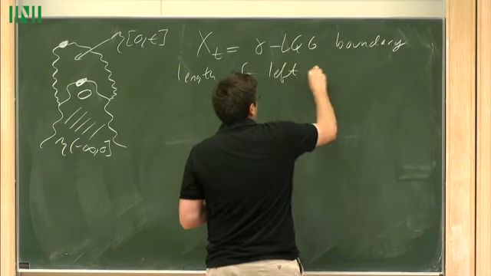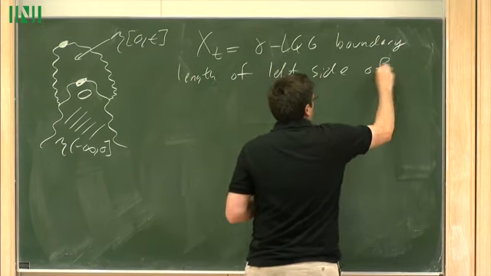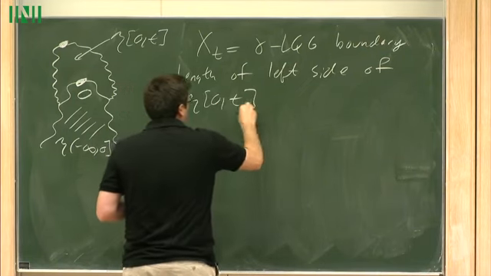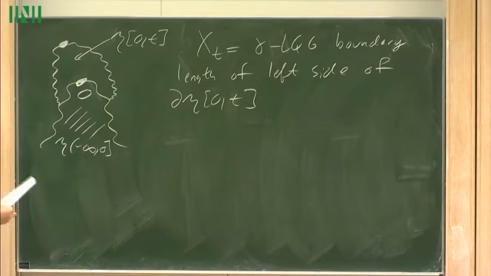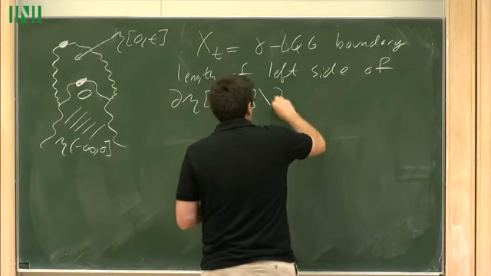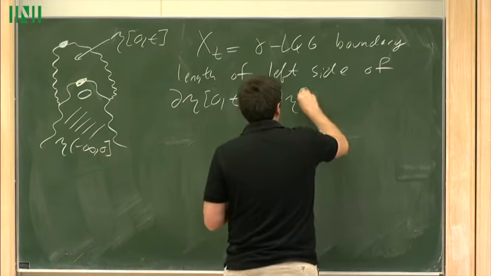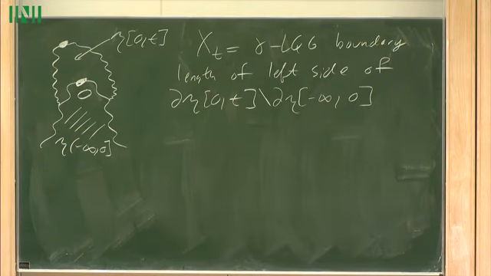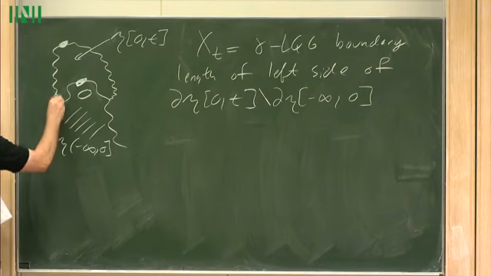So it's going to be of the left side of the boundary of your curve from time 0 up to time t, minus the curve from time minus infinity up to time 0. Okay, so this first thing that I've just defined is the boundary length of this chunk here.